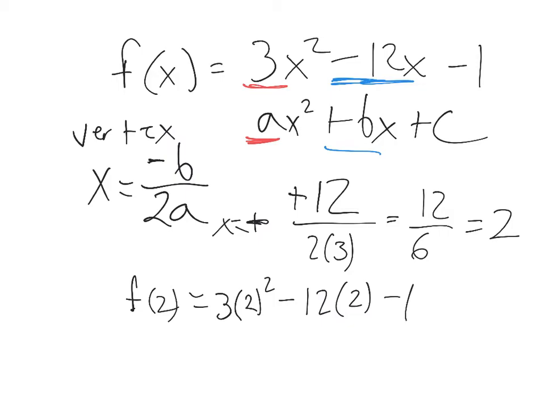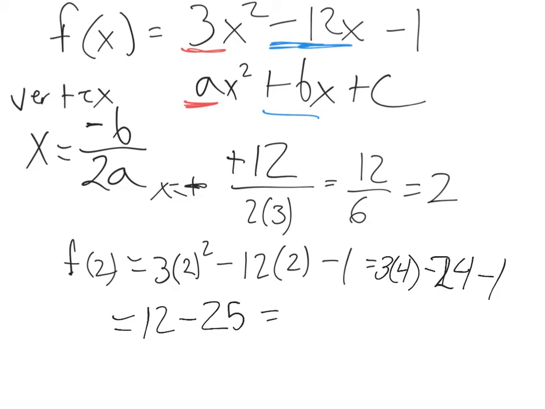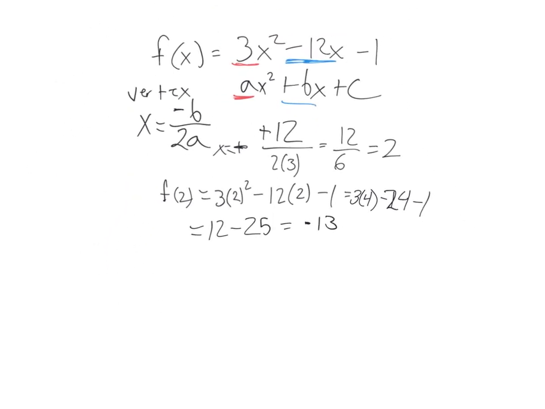Remember, f of x is the same as y, which equals 2 squared is 4, so 3 times 4 minus 24 minus 1 equals 12 minus 25, which in this case is negative 13. And so my vertex for this equation is 2 comma negative 13.